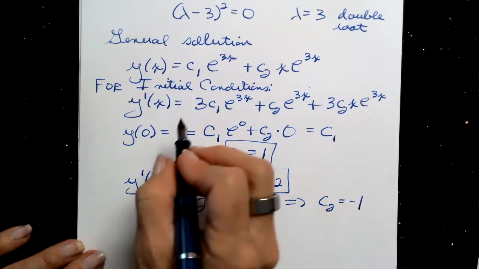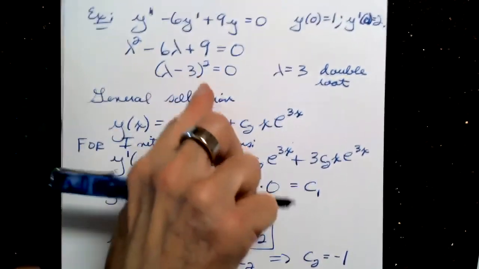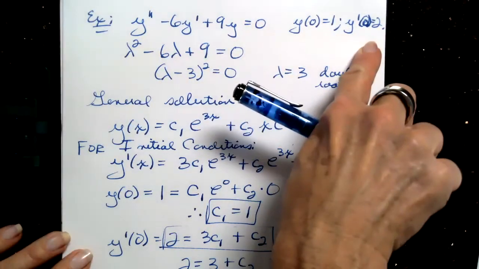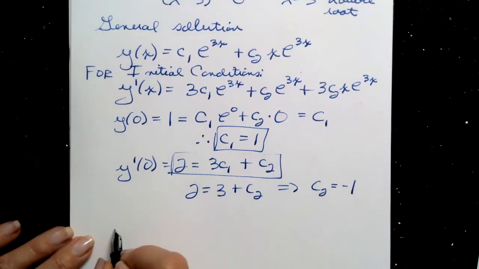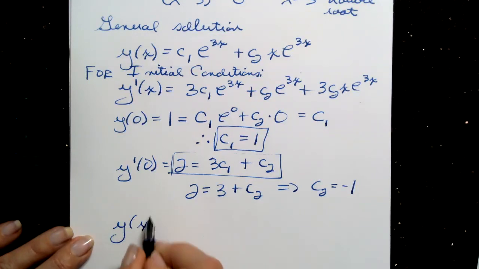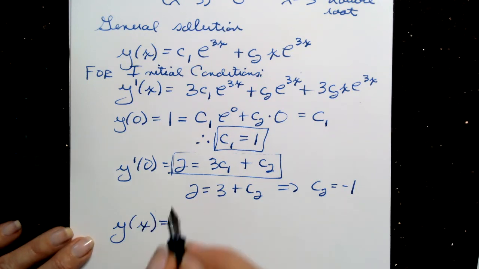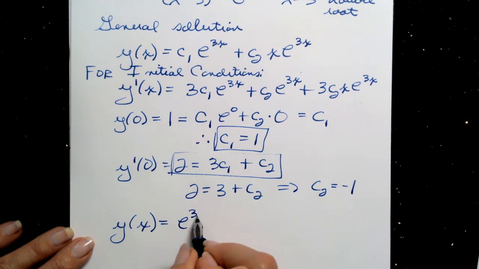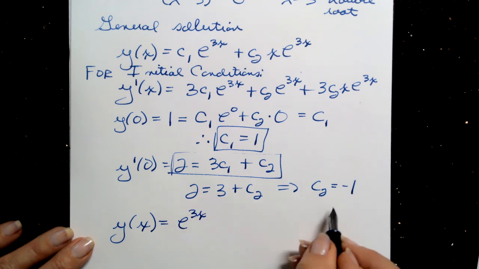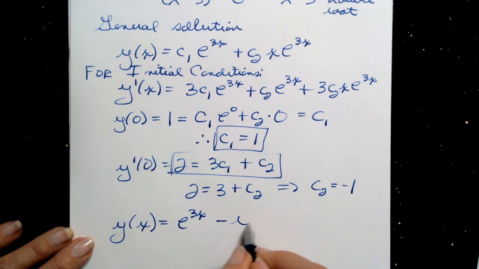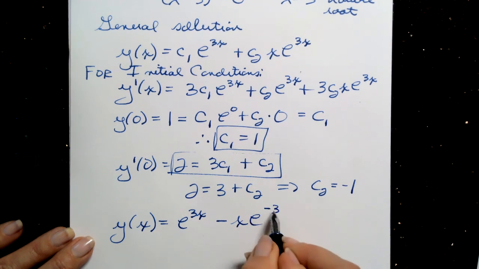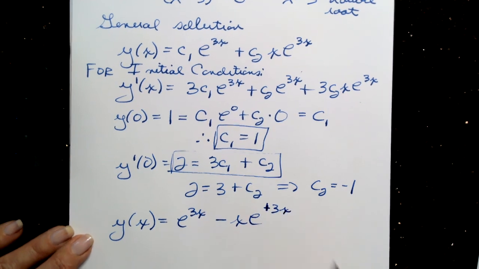And so I can write down the explicit solution to this initial value problem. The explicit solution is y of x is c1, which is 1, times e to the 3x, plus c2, which is minus 1, x e to the 3x, okay?